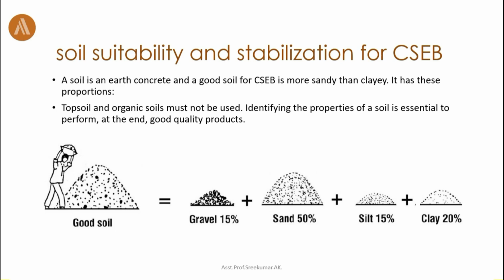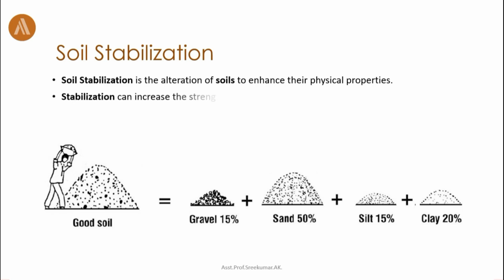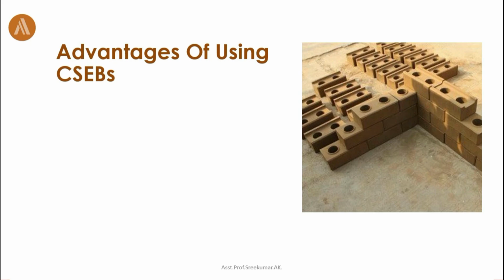Topsoils and organic soils must not be used. Identifying the properties of a soil is essential. Another point to be noted: soil stabilization is the alteration of soils to enhance their physical properties. Stabilization can increase the strength of a soil, thus improving the load-bearing capacity.